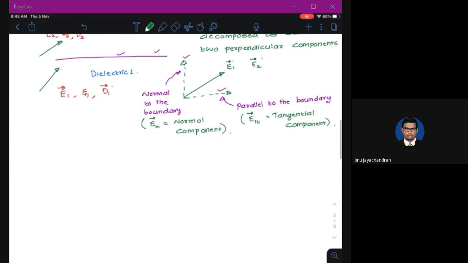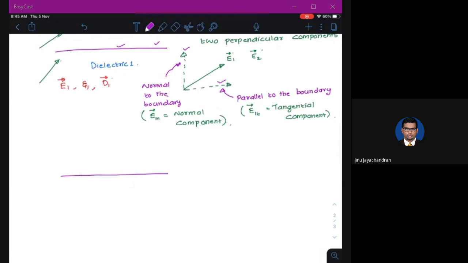Okay, so if I draw the boundary again, I can have the electric field like this and electric field like this. And this is the net electric field. This is E1. This is E1T.